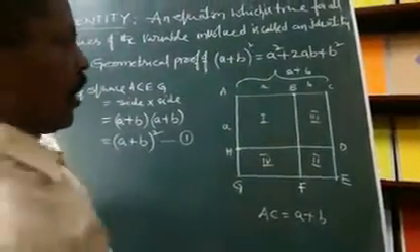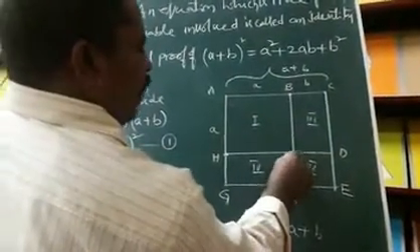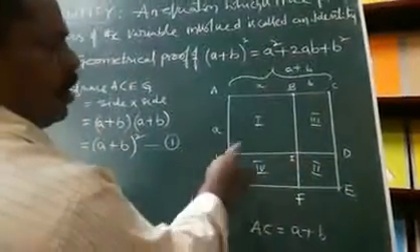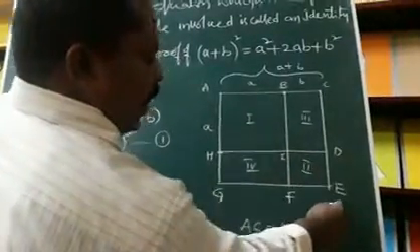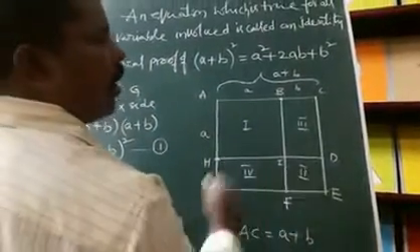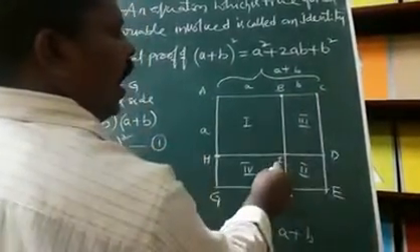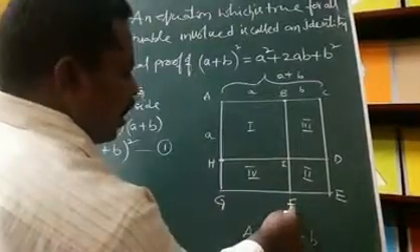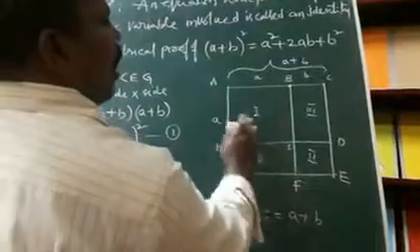Let it be I. ABIH is one square, and IDEF is another square, BCDI is a rectangle, and HIFG is one more rectangle.